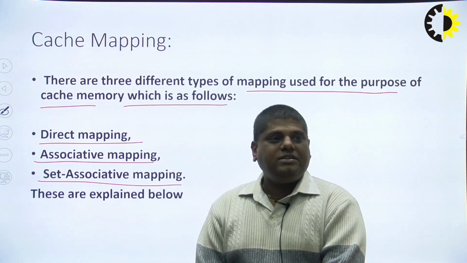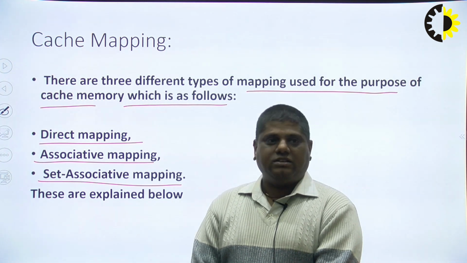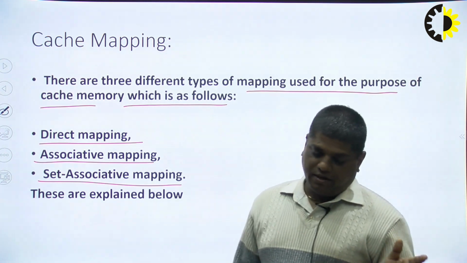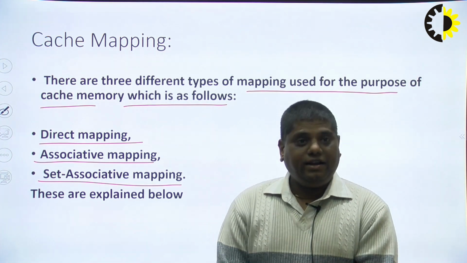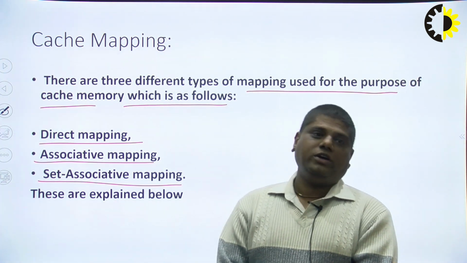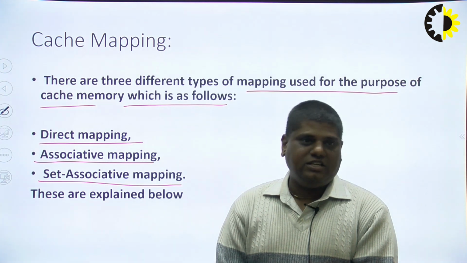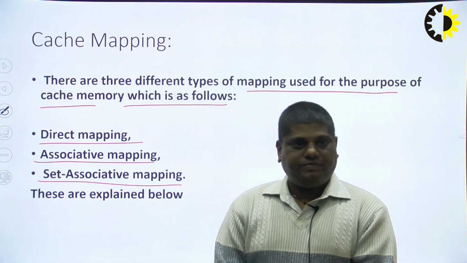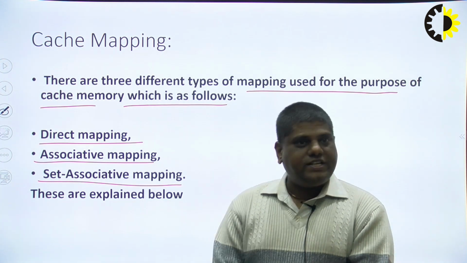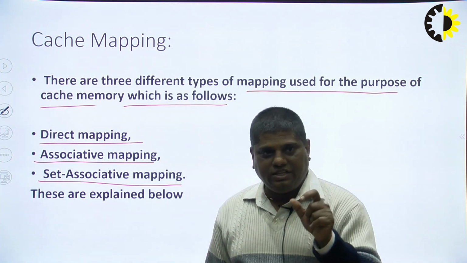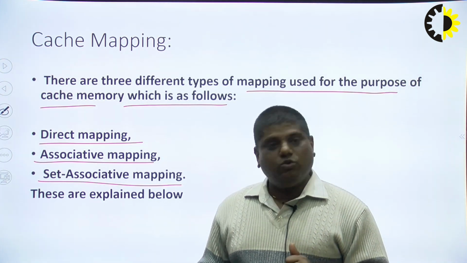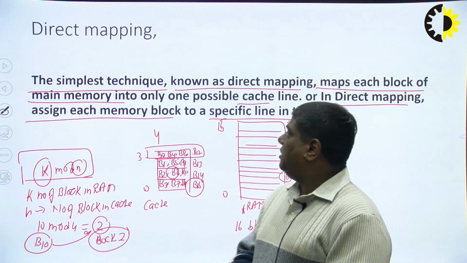In direct mapping, data are simply transferred from the main memory into the cache memory with the help of the pigeonhole principle and K mod n, where K is the block number and n is the number of blocks in the cache. In direct mapping, we can also say that every block of the RAM is fixed to a position in the cache memory. This concept is known as direct mapping.